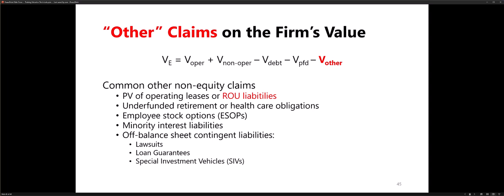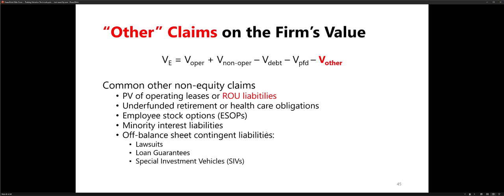Your employee stock options that will probably be exercised in the next few years. So you want to incorporate it because that would basically be a debt, right? Because the company has to pay for that. Minority interest liabilities, same way with minority assets as well.